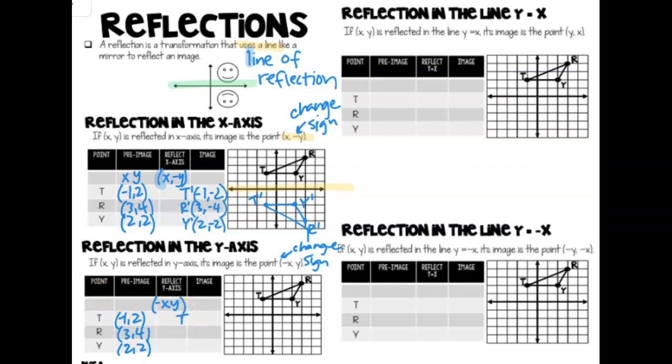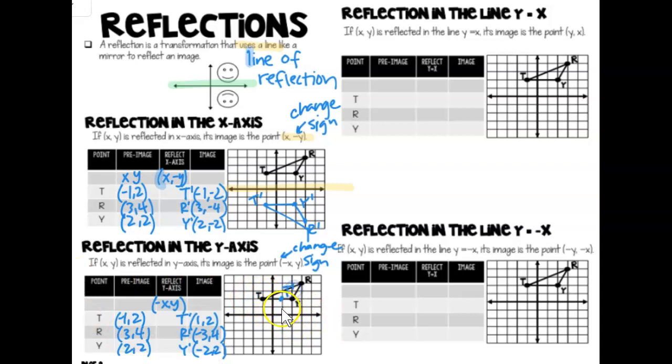That would make T prime (1, 2). So change the sign of x, no change to y. R prime (-3, 4), and Y prime (-2, 2). So T at (-1, 2), what do we have here?